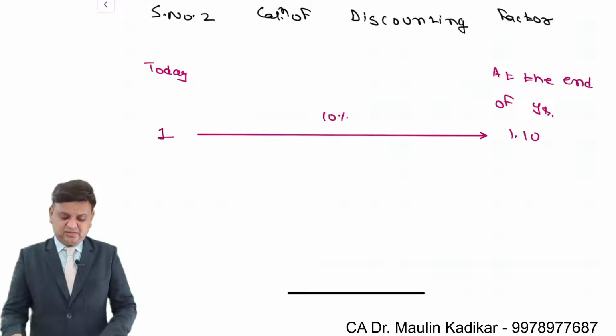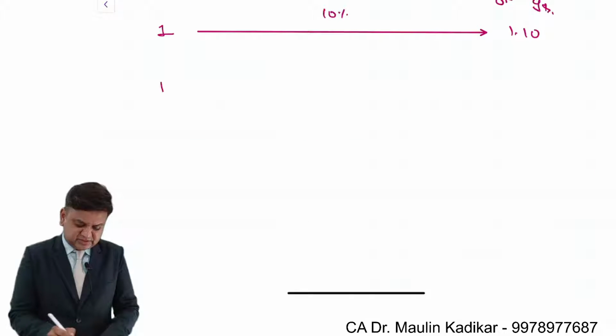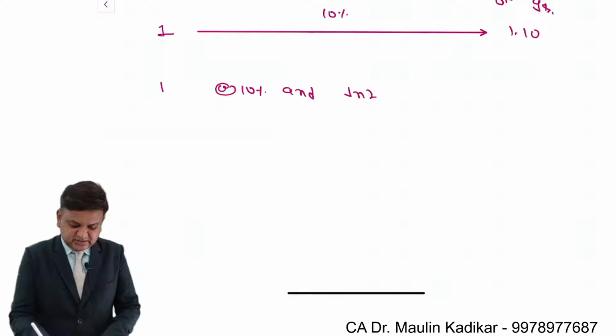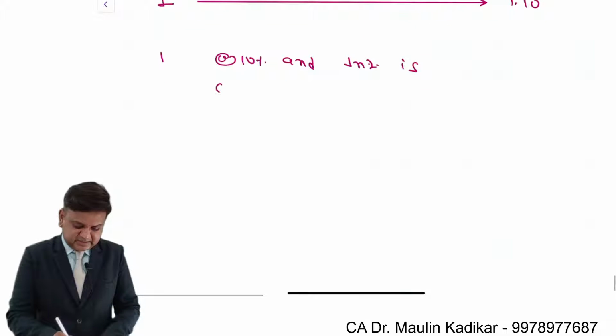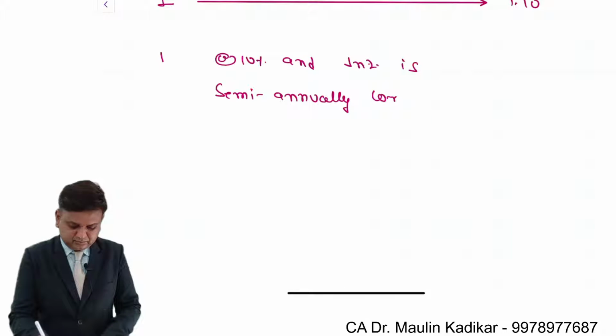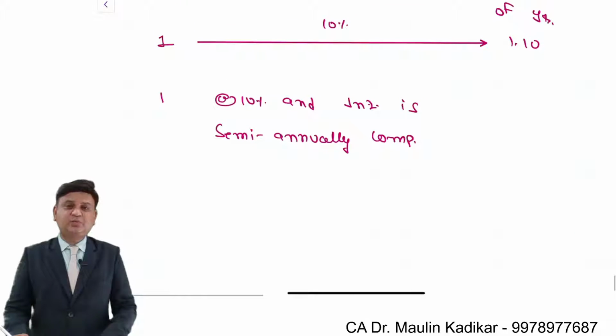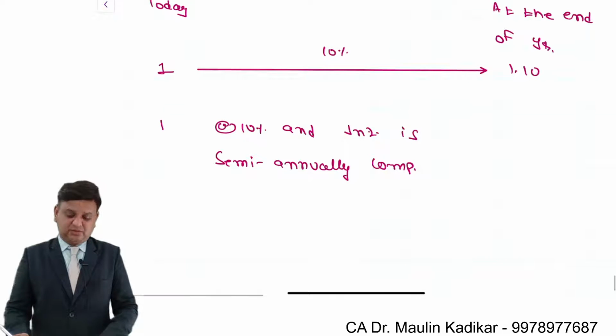Now the same question. If 1 rupee is invested today at the rate of 10% and interest is semi-annually compounding, then in that case what would be the maturity amount of deposit?